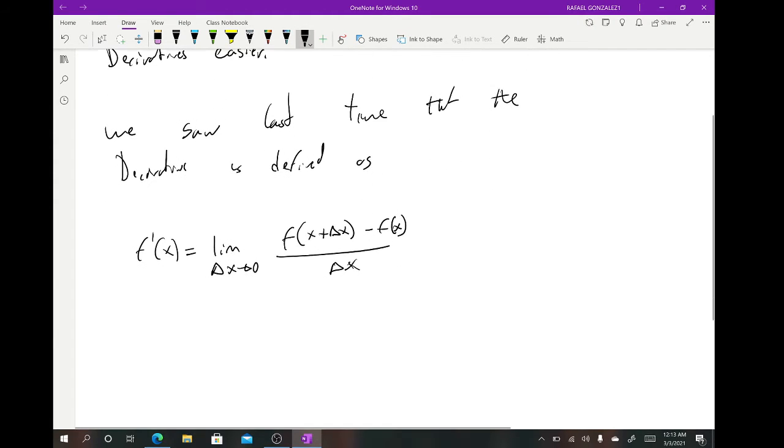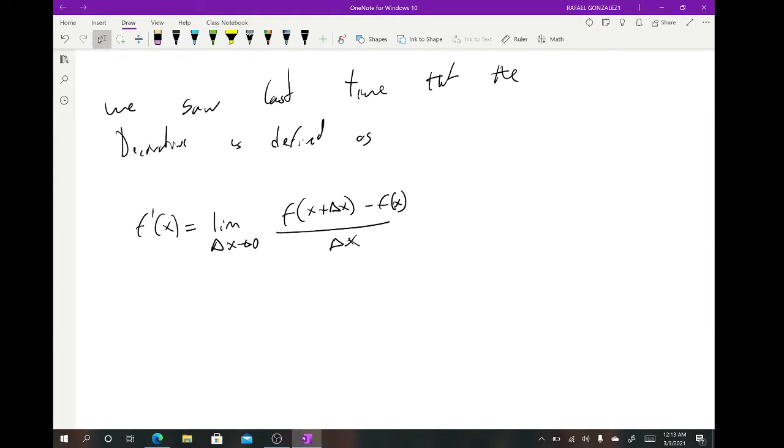We saw how quickly this derivative can become complicated. So we can actually use the following rules to find the derivative without having to directly apply this rule. So we use shortcuts to be able to find derivatives.